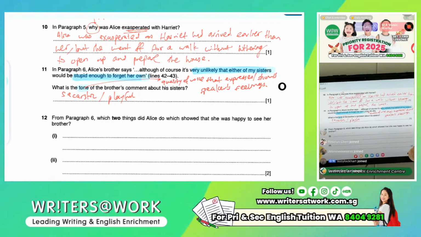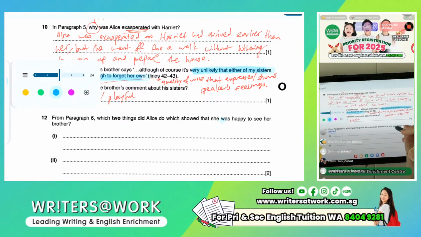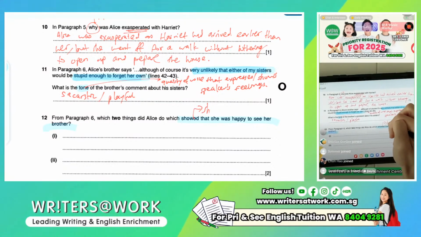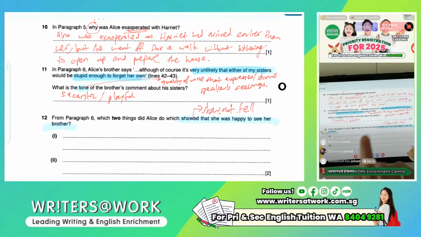Okay, moving on. Let's take a look at question 12 now. From paragraph 6, which two things did Alice do that showed that she was happy to see her brother? So once again, this question is also talking about a show-not-tell situation. So we are looking at certain behavioral characteristics that, when you read and think about it, will tell you that Alice was happy to see her brother.